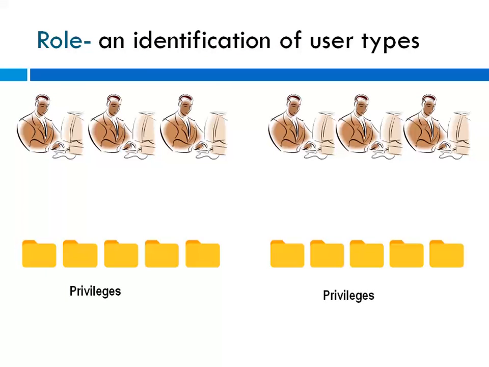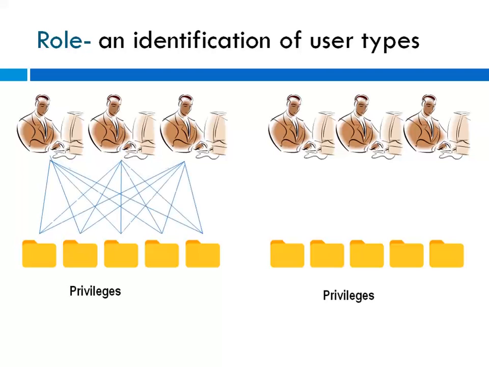Now next is role. A role is an identification of user types in the database. So you can see here that we have shown 3 users and 5 privileges, and in the absence of roles, if we have to assign these privileges to these users, then we have to define the privileges for every user.